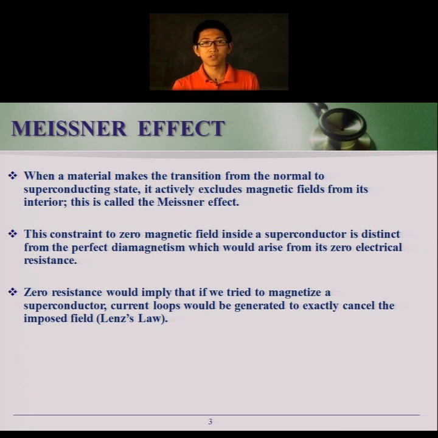This zero magnetic field inside a superconductor is distinct from perfect diamagnetism, which would arise from its zero electrical resistance. Zero resistance implies that if we try to magnetize a superconductor, current loops will be generated to exactly cancel the imposed field. This is called Lenz's law.